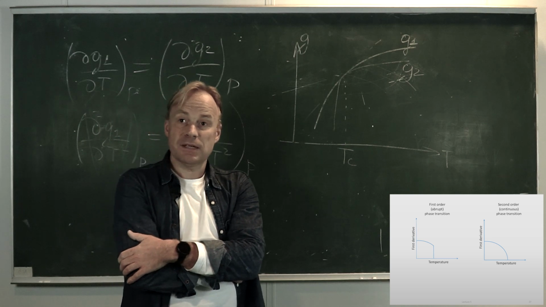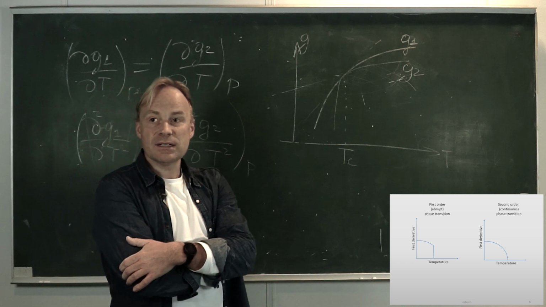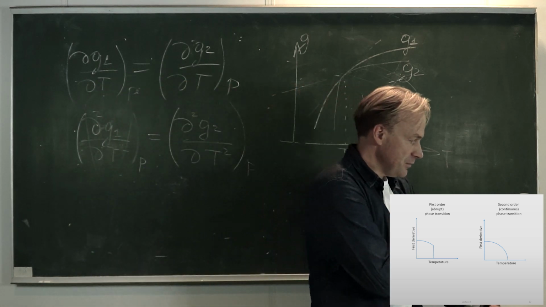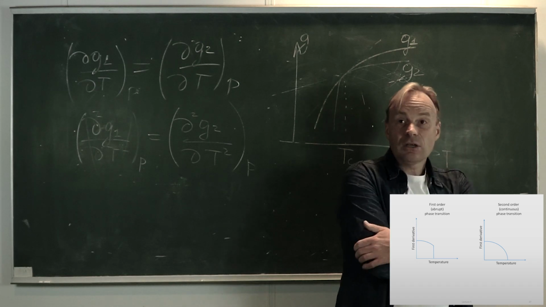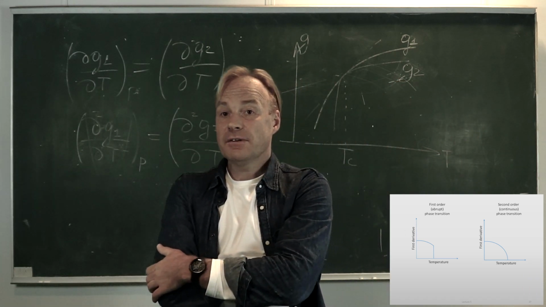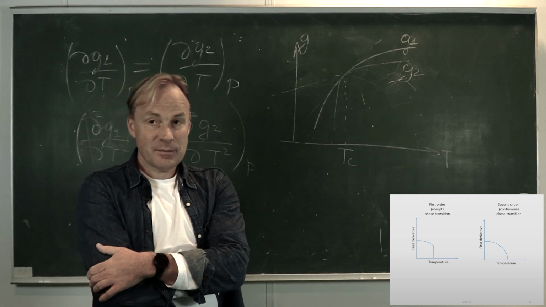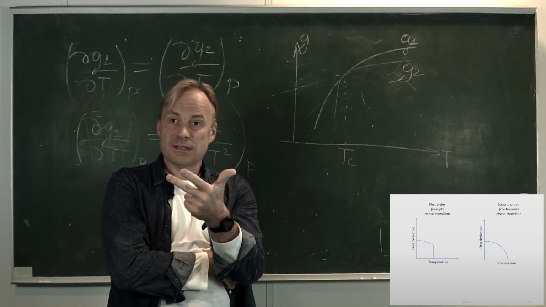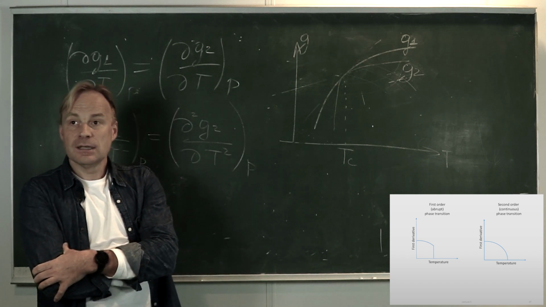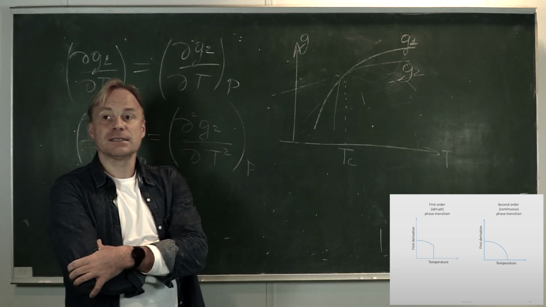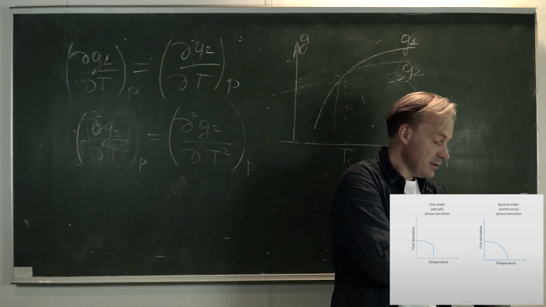If you measure second order phase transitions, these quantities change continuously. No discontinuity at the phase transition should be observed. So if you look at the first order phase transition and the first derivative of the thermodynamic potential like volume, entropy, magnetization, polarization, it will experience a jump. And if you look at the very same observable, but at the second order phase transition or continuous phase transition, it will change continuously.